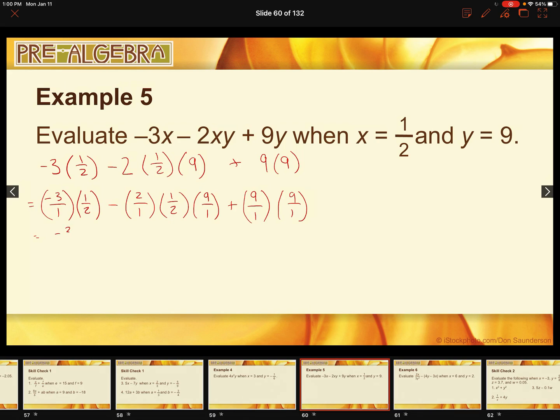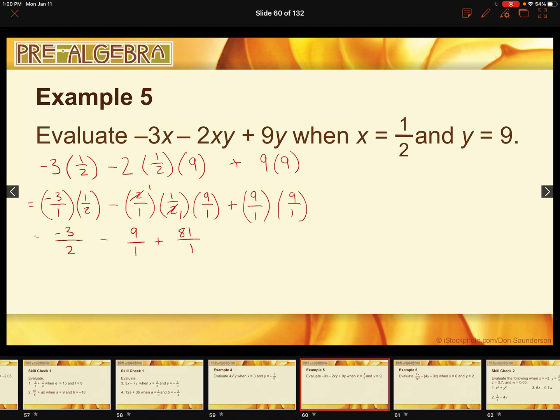So now start with your multiplication. Negative 3 times 1 is negative 3. 2 times 1 is 2. I can cross cancel here. 1 times 9 is 9, and 1 times 1 times 1 is 1. 9 times 9 is 81 over 1.